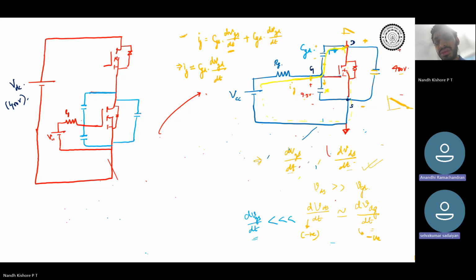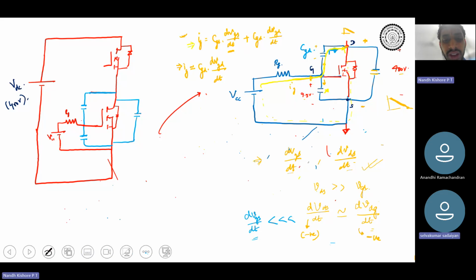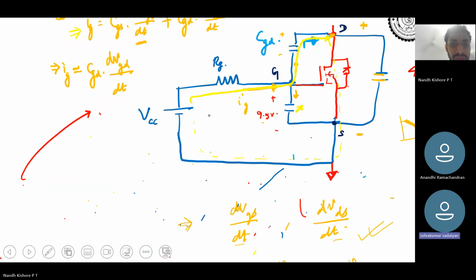Yes, sir. Actually, in this first equation we have written CGS, CGD, dVGD by dt. No, this one, right? First equation, IG equal to CGS dVGS by dt plus CGD dVGD by dt, no?